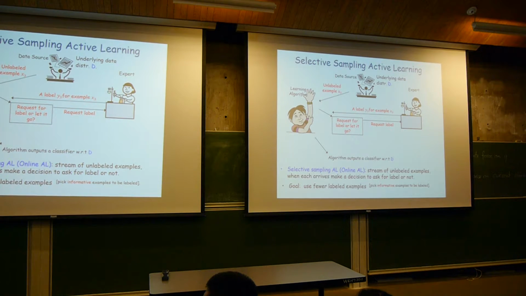There's a nice line of work by Nicolo Cesa-Bianchi, an expert in online learning, who has analyzed this type of online active learning under worst case instances, not distributional ones, and that would be a perfect model for the problem you mentioned. But for today, to simplify, I want to discuss the interesting aspects when you think about it more formally. I'm going to think about the case where you have an underlying distribution and the points come from that source.